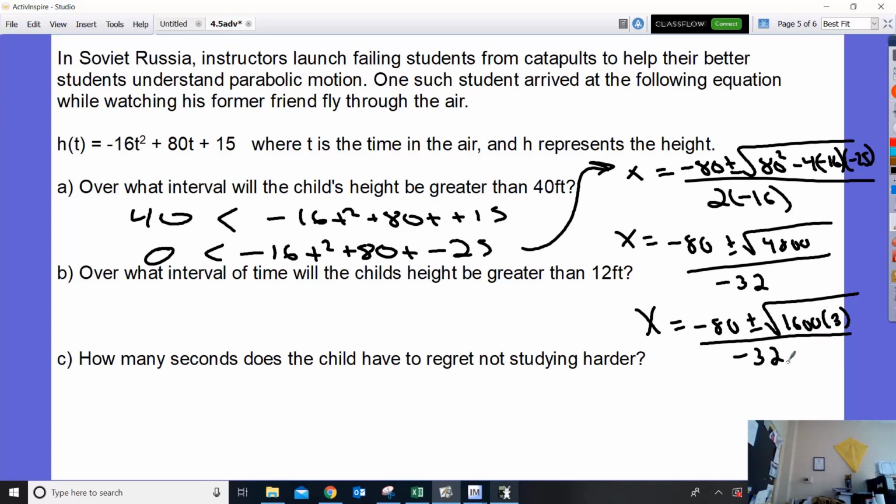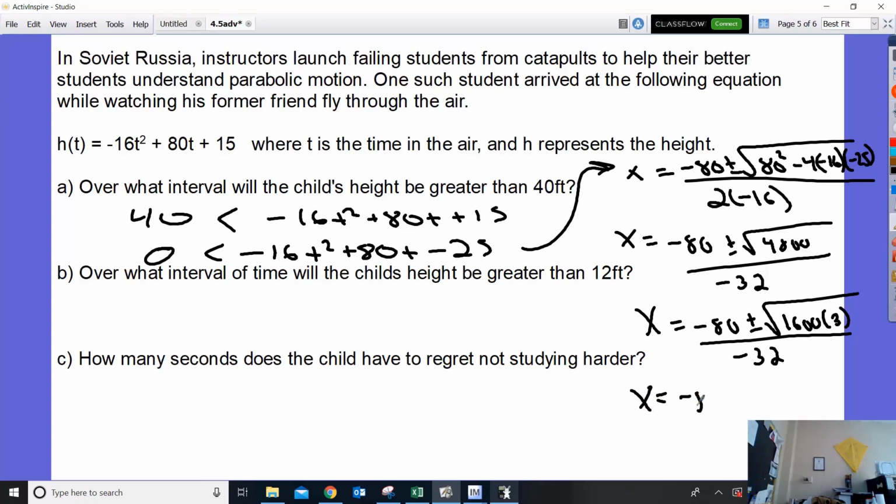Can you take the square root of 1,600? What's the square root of 1,600? It is not 400. 40, isn't it? Square root of 1600 is 40. 4 times 4 is 16. A 0 from each one makes 1600.